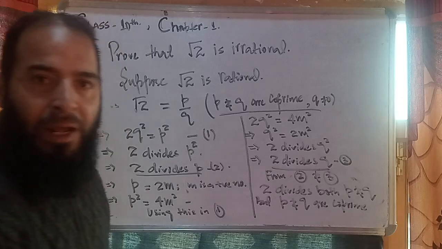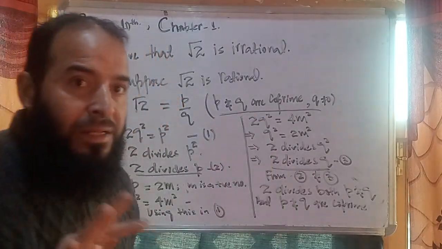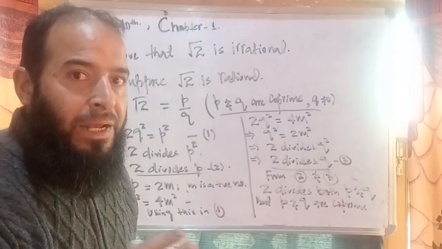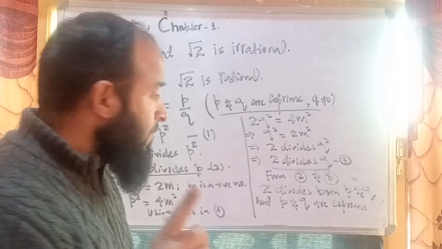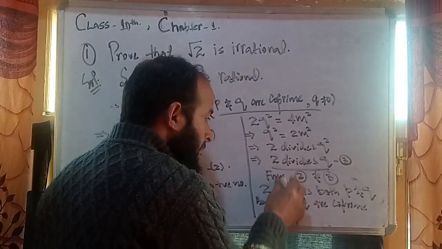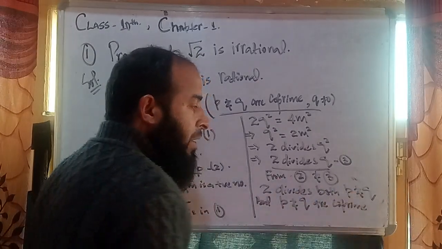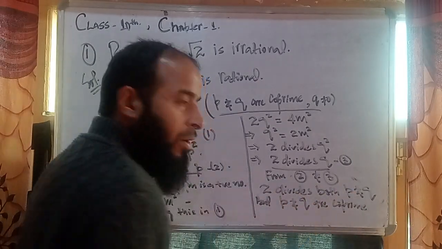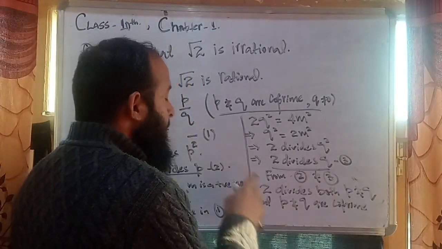Here we took them as co-prime, it means that their common factor HCF will be 1. But here what we got is 2 divides both p and q, but p and q are co-prime.